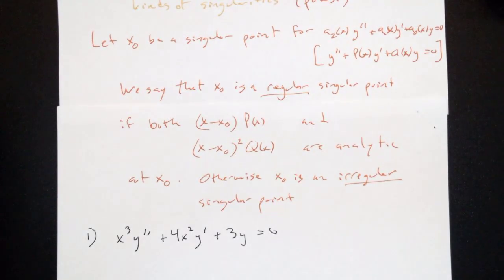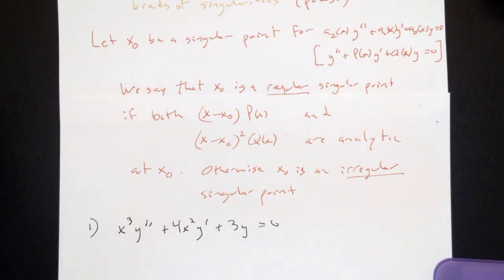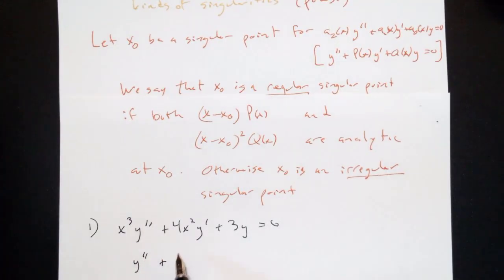Let's rewrite that for P and Q. What do you get for P of x and Q of x? Q of x is 3 over x cubed.